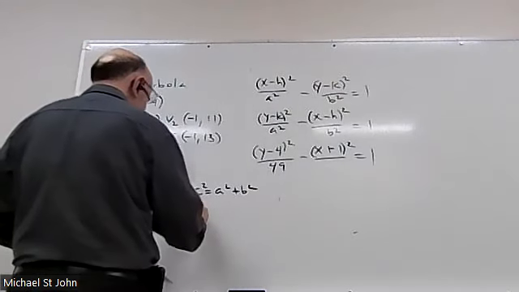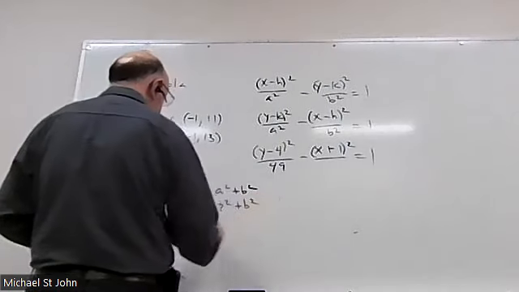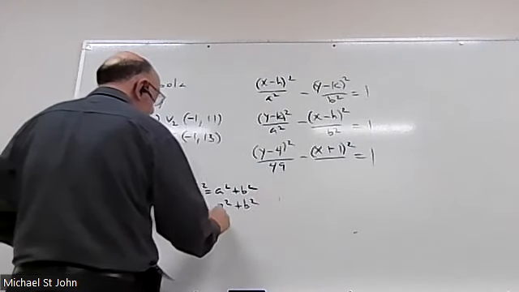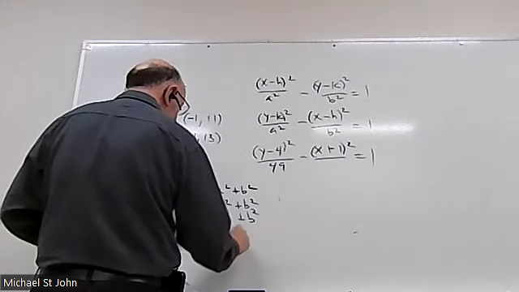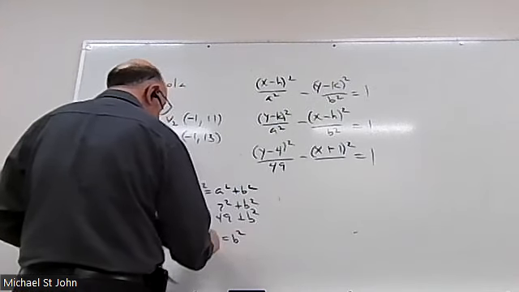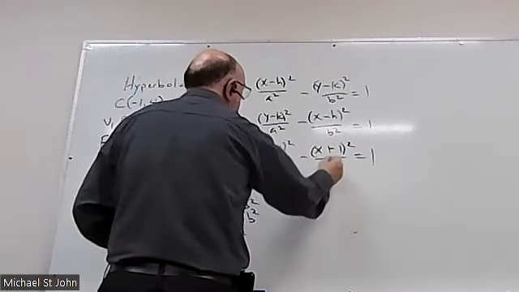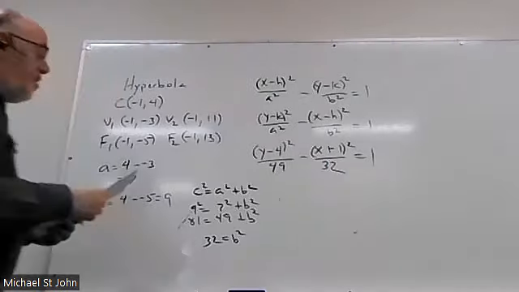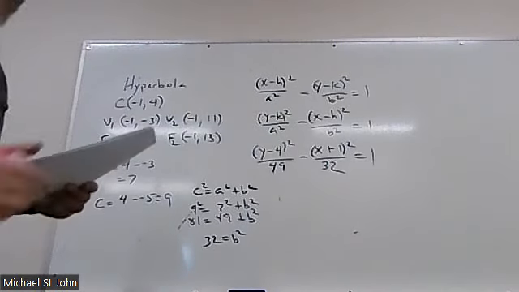And so we have 9 squared, 7 squared. So 81, this is 49. And so b squared equals 32. And that's the number that would go in there.